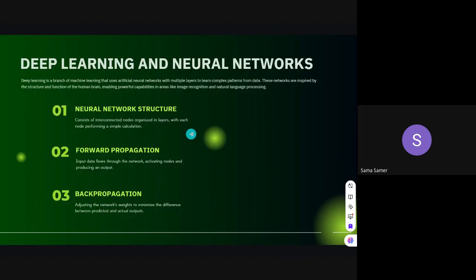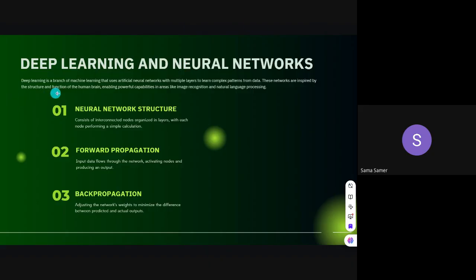Deep learning and neural networks. Deep learning is, again, a branch of machine learning that is used in artificial neural networks with multiple layers to learn from complex data patterns. So we use it for complex data patterns, because neurons, you can say, divide the problem into simpler patterns, so the model can determine the complex data patterns at the end.